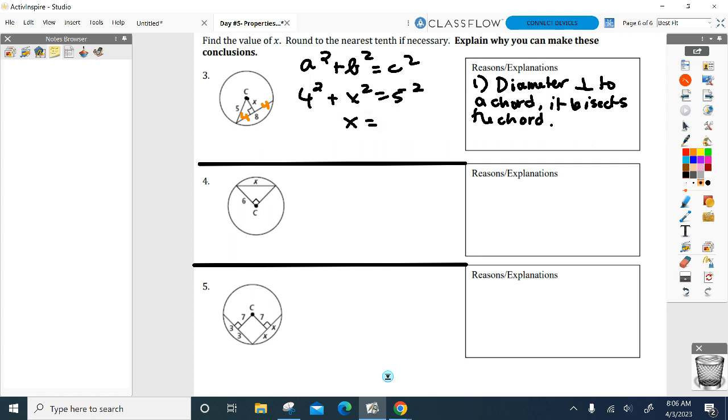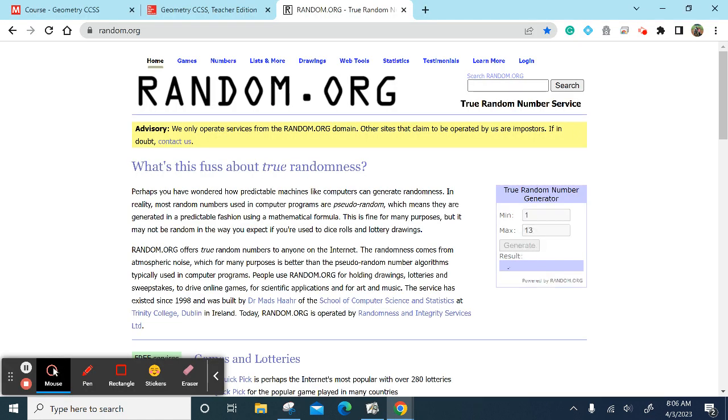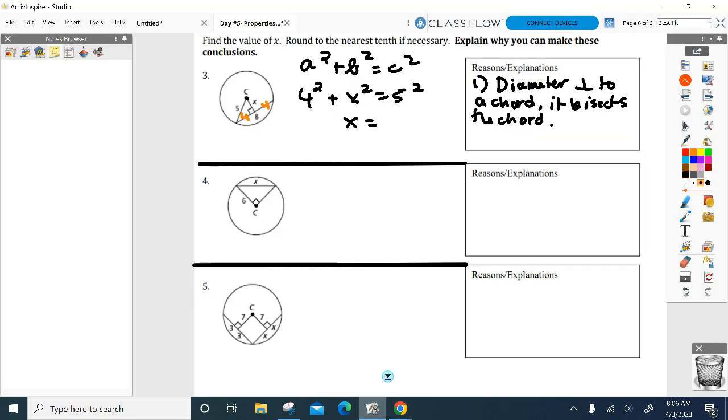Good. You guys go ahead, solve for x. When you're ready, let me know what you got for x. Good. There we go. Good work.